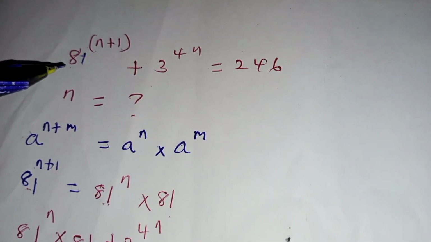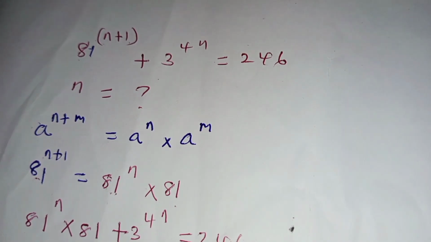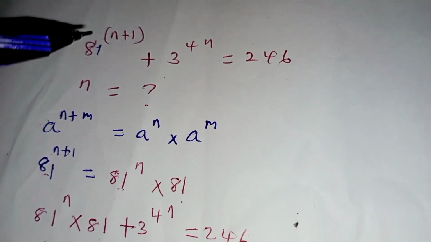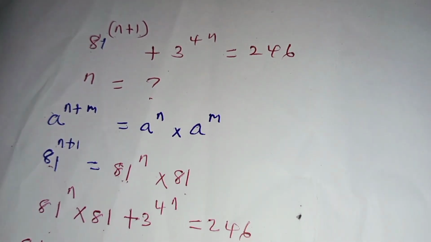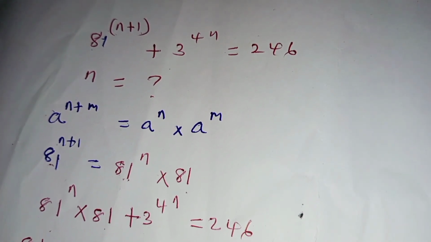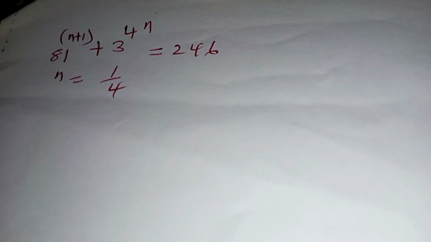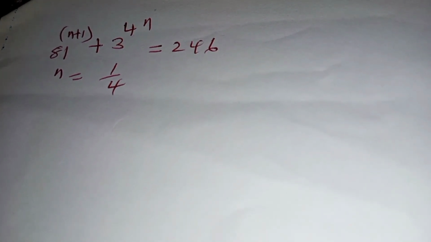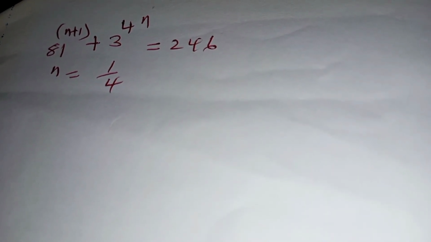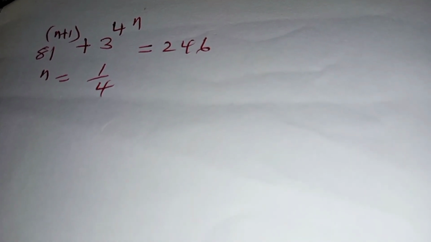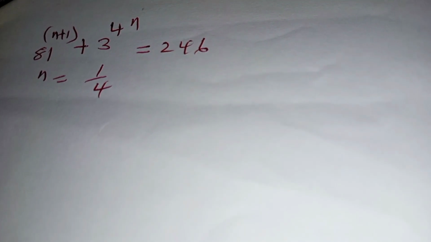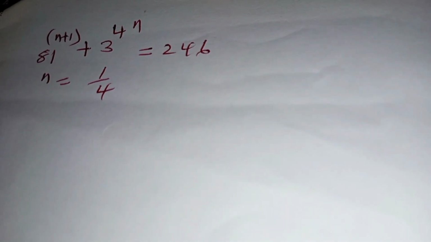As a bonus, let us verify and see whether this equation holds when the value of n is equal to a quarter. So our question was 81^(n+1) + 3^(4n) = 246, and we have obtained our n as a quarter.